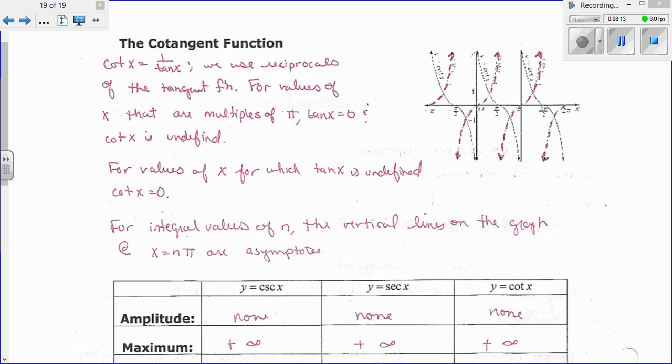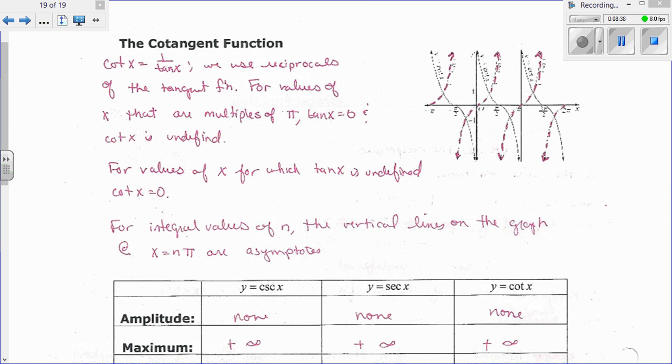For integral values of n, the vertical lines on the graph at x equals n pi are the asymptotes. So anytime sine would be equal to 0 is when you would have your asymptotes for the cotangent function, because it's cosine over sine. If you notice, the cotangent curve is always decreasing, and our tangent curve is always increasing.